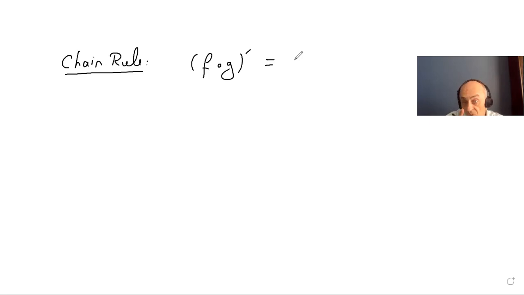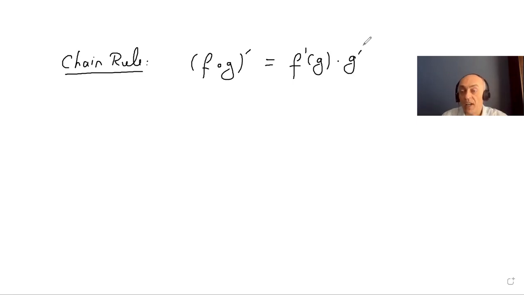When you calculate the derivative, you get f prime of g times g prime. This is the composition here, and times is the product. That's the way people write the chain rule.